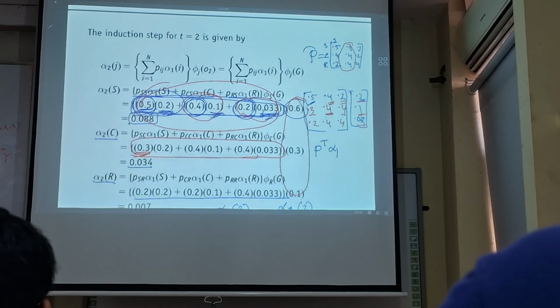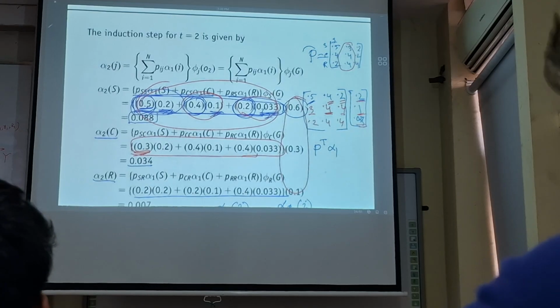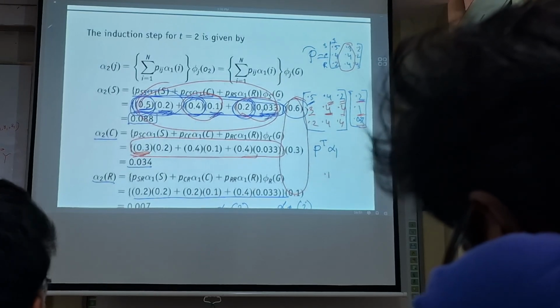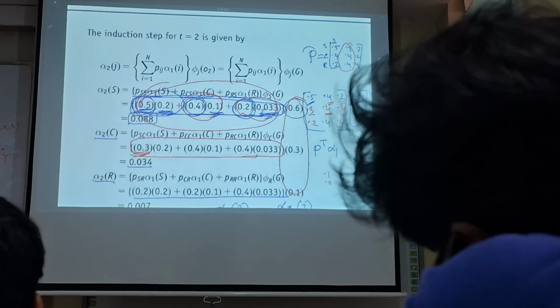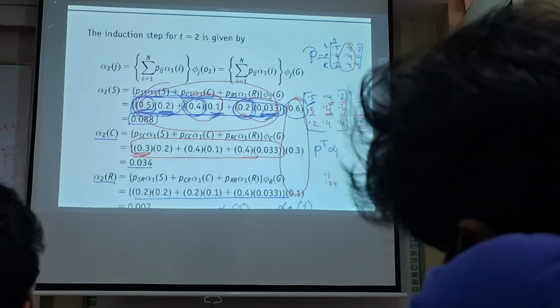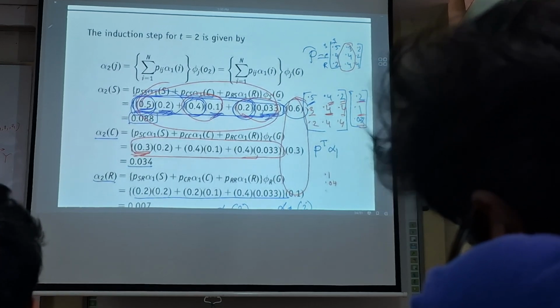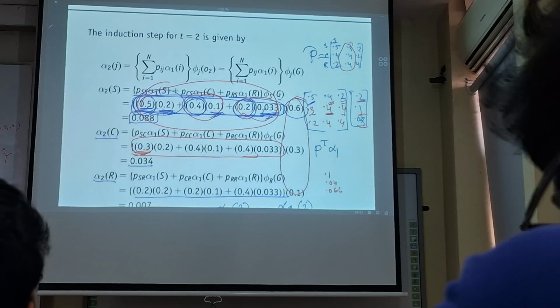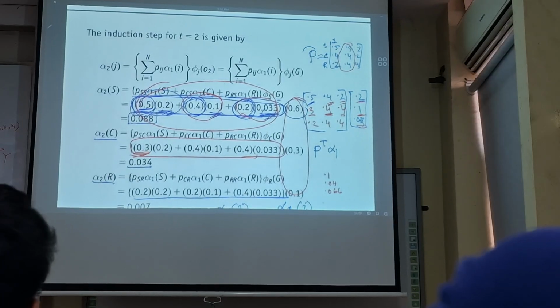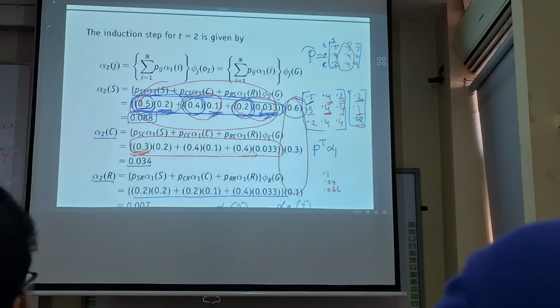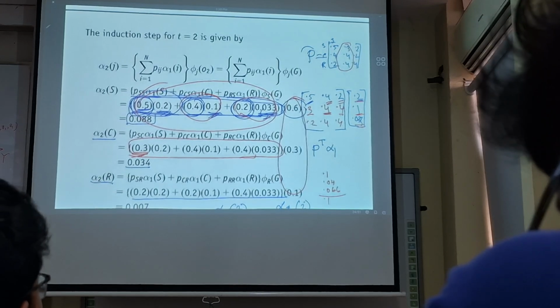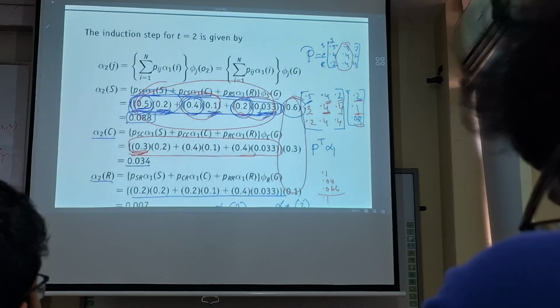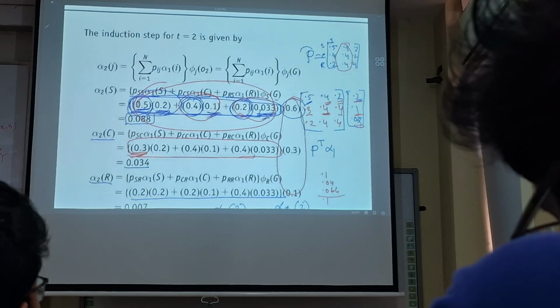E2 will be 0.5 times 0.2, which is 0.1. 0.4 into 0.1, this is 0.04. Then 0.2 into 0.03, this is 0.006. The summation will be 0.206.